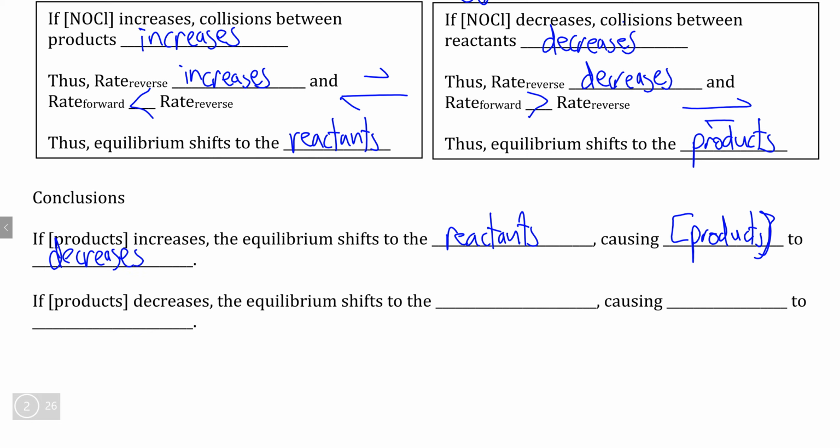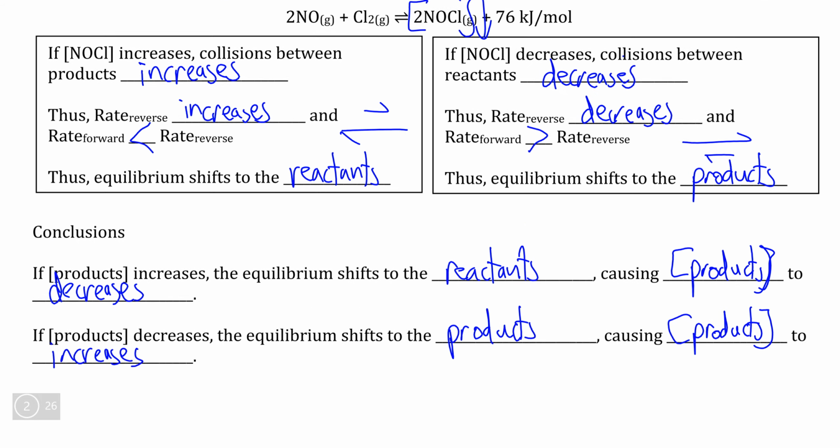Conversely, if the concentration of products decreases, the equilibrium is going to shift back to the products in order for us to make more, which again, because we're shifting back to the products, that means that the concentration of product molecules is going to increase.